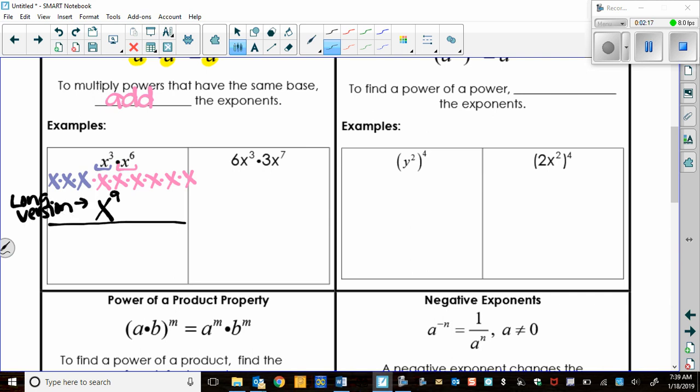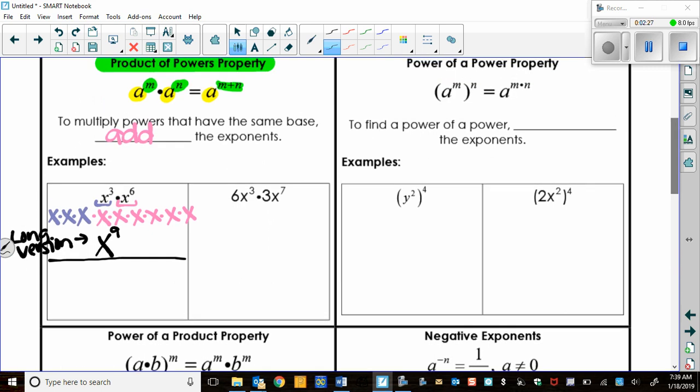I want you to learn and use the new rule that we're talking about in this section. You can do it that way, or the shortcut would be, take a look at the rule. We have the same base. You're just going to copy down the base. In this case, the base is x.